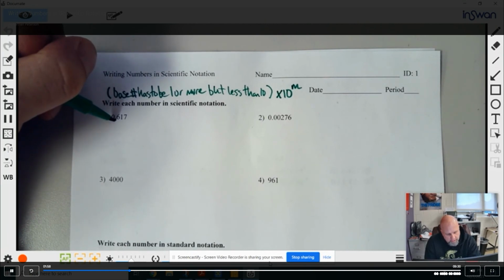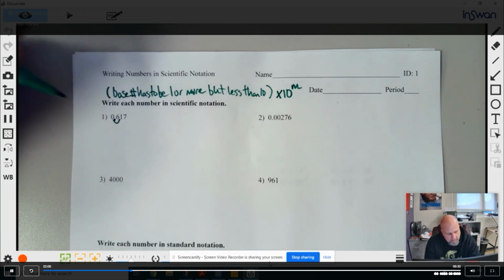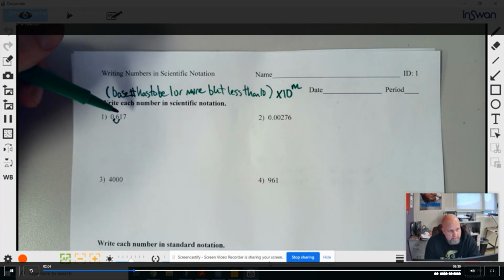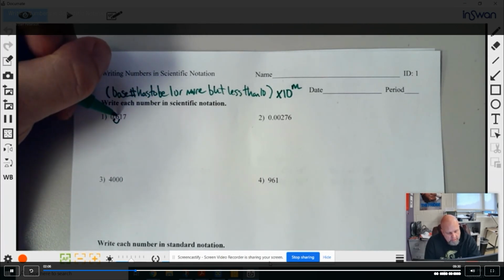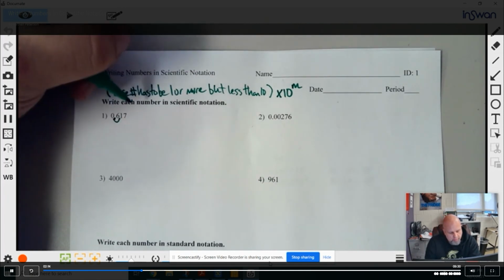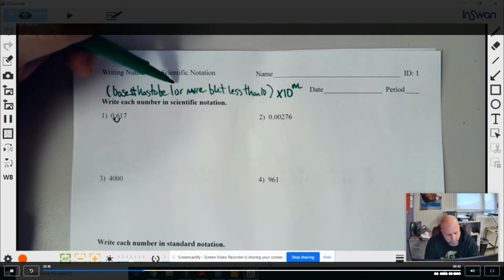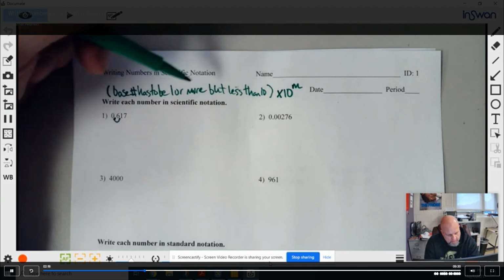It has to move to the right to make my number larger, and now it's between the 6 and the 1. What's that new number? It's 6.17, which is more than 1 and less than 10.